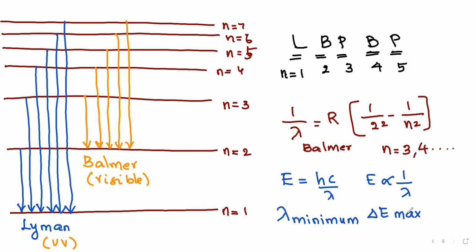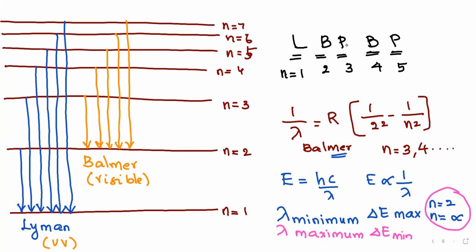Suppose they are asking for Balmer, it has to fall to n equal to 2, but the starting level should be infinity. So maximum energy difference means minimum wavelength. But if lambda should be maximum, then delta E should be minimum, that is, falling to n equal to 2 from n equal to 3. So this is the spectral idea.